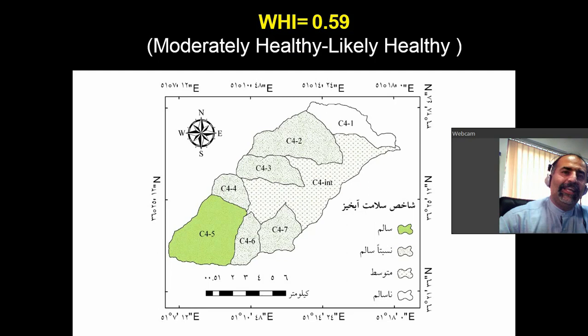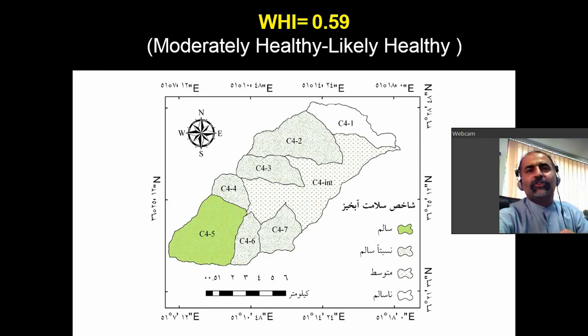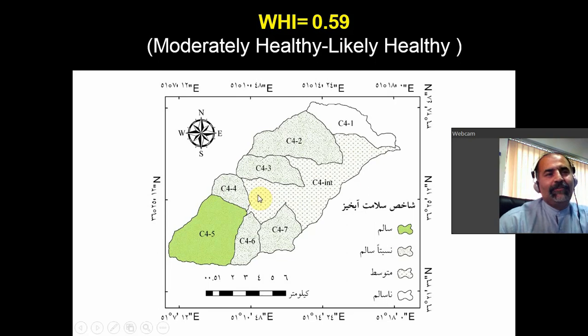But here you will see that now we have some idea about the degradation level in our watershed, and even we know the causes. So if we know the causes, if we know the density, intensity, the extension, and the reasons behind, is it really difficult to manage it? I don't think so. So here you will see that we have again fully healthy condition, that is green, to unhealthy condition, that is white one. And we have likely healthy and also moderately healthy as well.